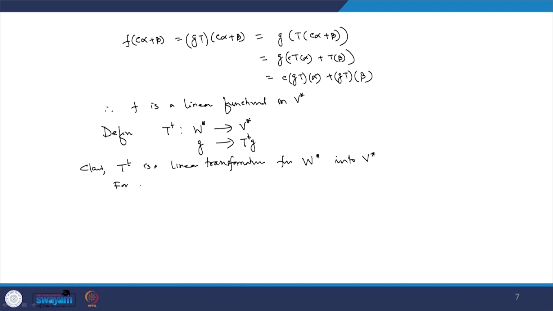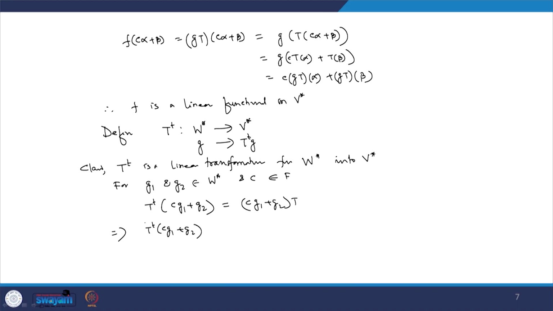Because for g1 and g2 belonging to W star and c belonging to capital F, T t operating on c g1 plus g2 is equal to c g1 plus g2 composed with T. So, this implies that T t of c g1 plus g2 operating on alpha, for any alpha belonging to V, is equal to c g1 plus g2 whole operating on T alpha, please. According to the definition, this is equal to c g1 of T alpha plus g2 of T alpha.